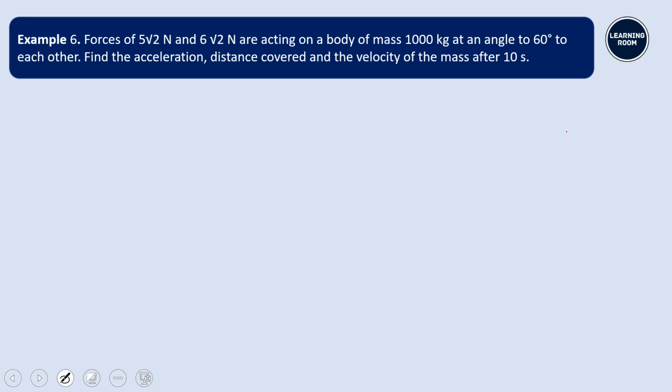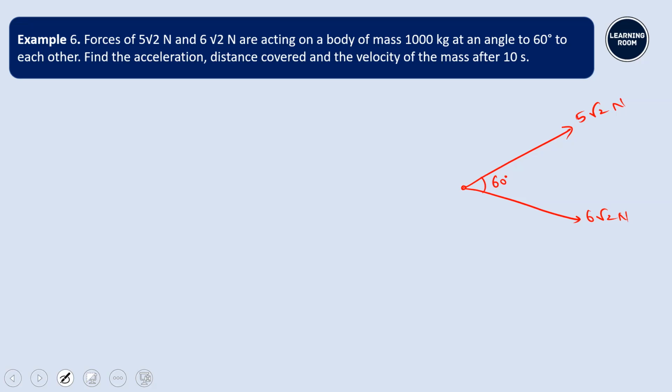There is the force of 5√2 Newton and 6√2 Newton acting at a point, which are inclined with each other at an angle of 60 degrees. Someone is trying to pull the object in this way, the other one is pulling the object in the other way, so that the object will either move along my left hand direction or along my right hand direction. When we take the resultant of these two, it will be somewhere in between.